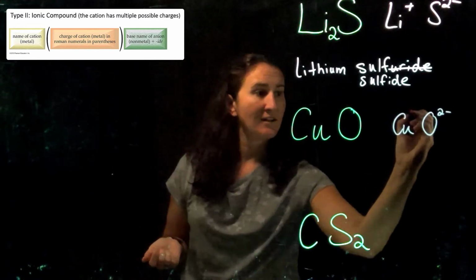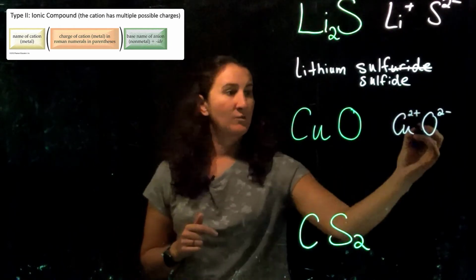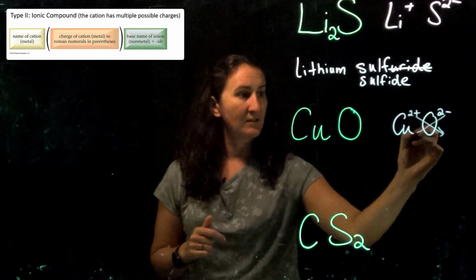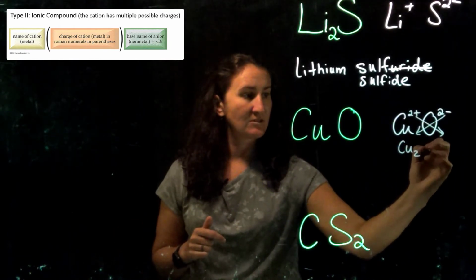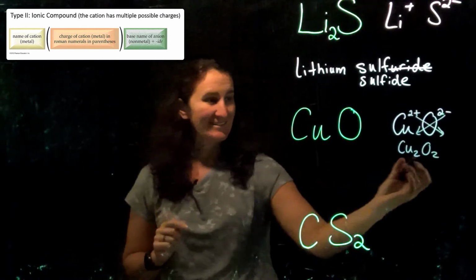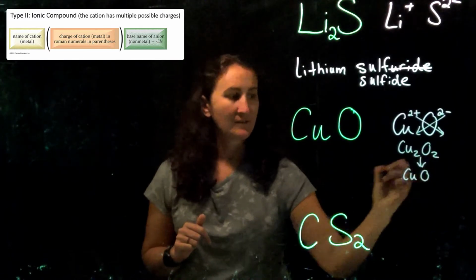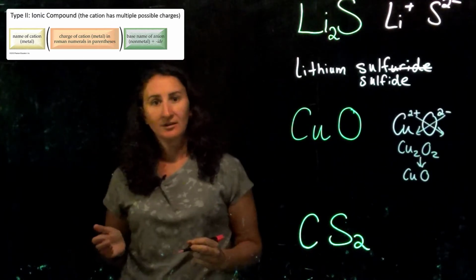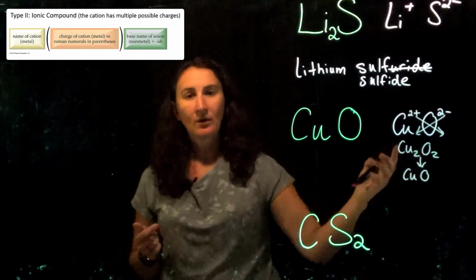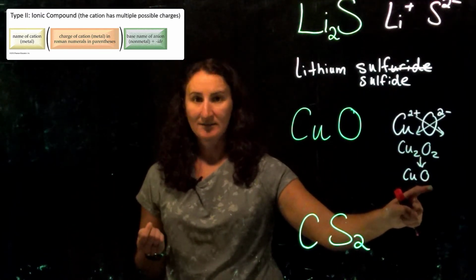But if instead we have 2+, now they're balanced. So if you bring these charges down, it's going to say Cu2O2, which is not the same as this. But wait, it kind of is, because you always reduce those chemical formulas to the lowest common multiple. So 2 and 2 are both divisible by 2, so you reduce that down to end up with copper oxide.